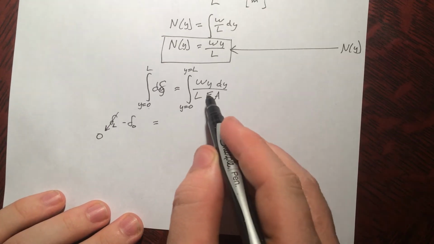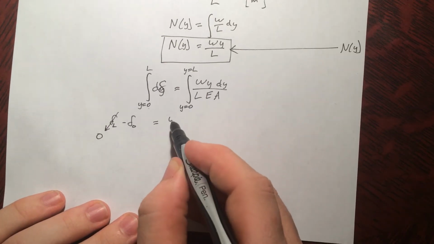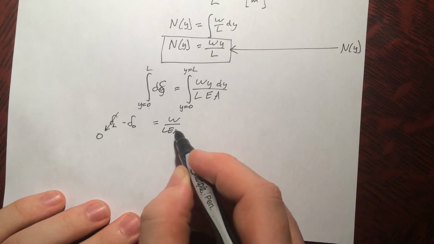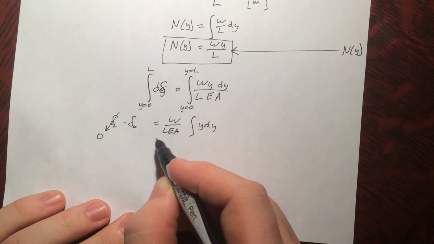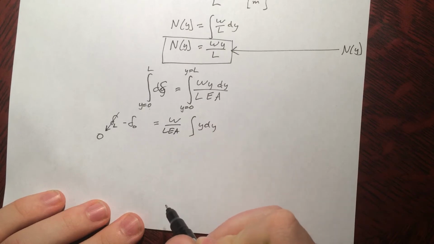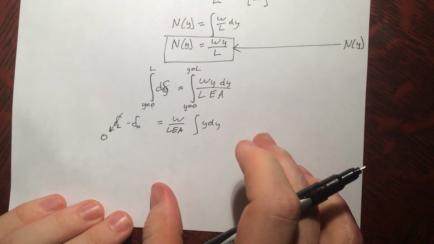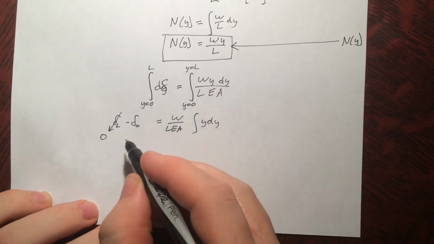Let's go ahead and integrate this side. It's going to be w over L E A times the integral of y dy, because all these are constants and don't depend on y. The integral of y dy is just y squared over 2.